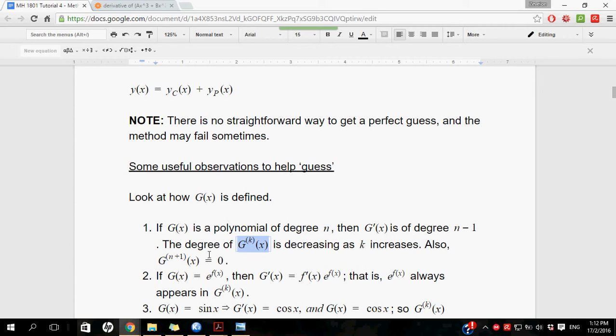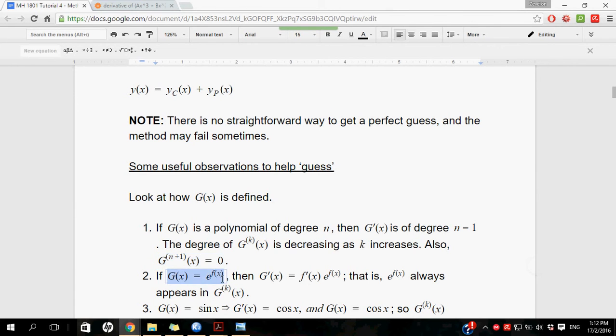And moreover, the degree of the successive derivatives will be decreasing as we increase the value of k. Of course, at some point, we would have eliminated all the non-trivial terms, and the corresponding derivative would just be 0. So that is something we should take note of here.